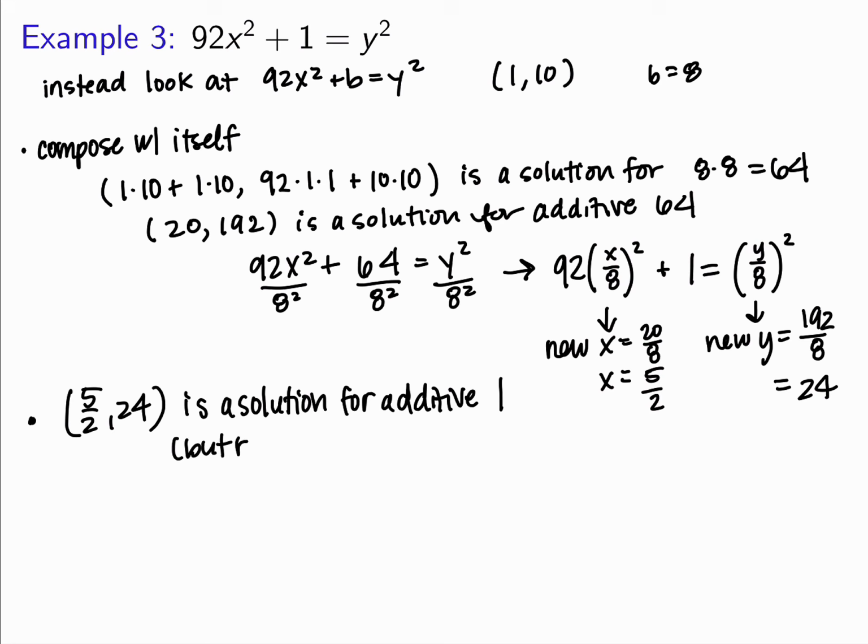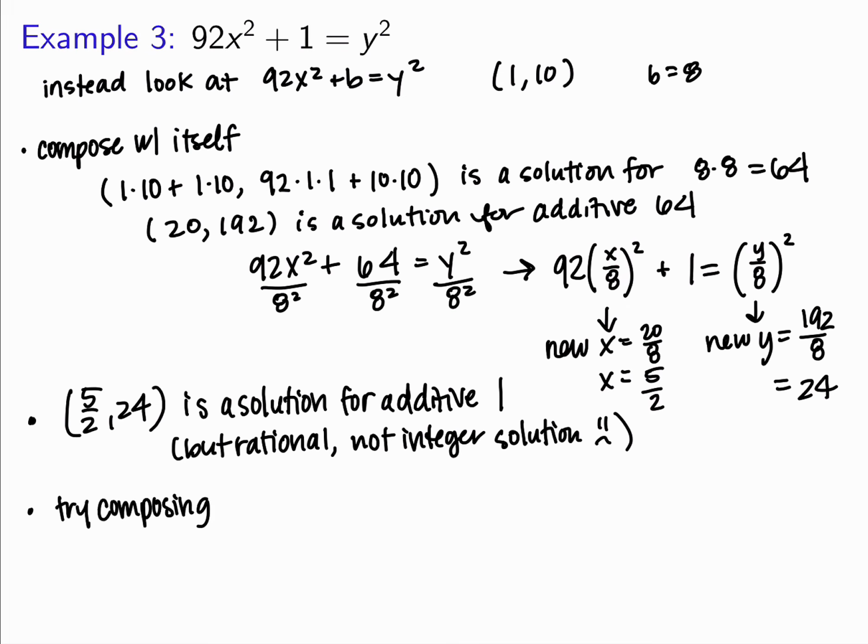But rational, not integer solution, right? That doesn't look like a frowny face. Let's erase it. Frowny face. Okay. So let's try composing it with itself and see just what happens.